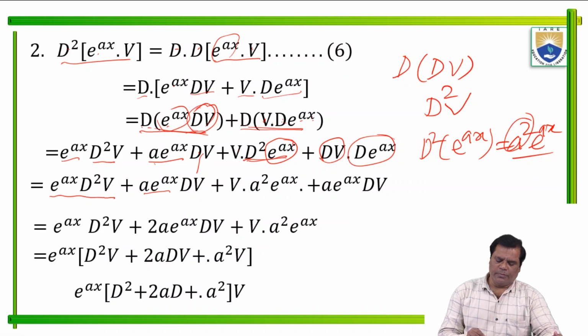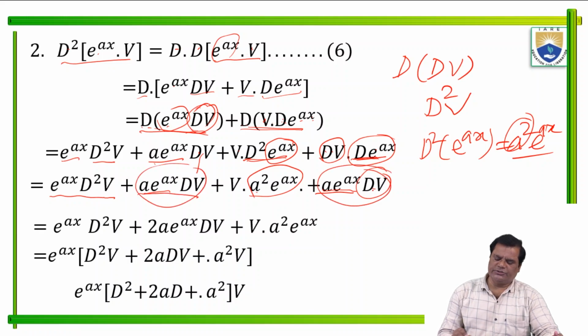Then Dv is constant with the differential of e to the power ax, so a e to the power ax Dv again. The second and fourth terms are the same, so this is twice a e to the power ax Dv, plus v a square e to the power ax, and e to the power ax D square v.